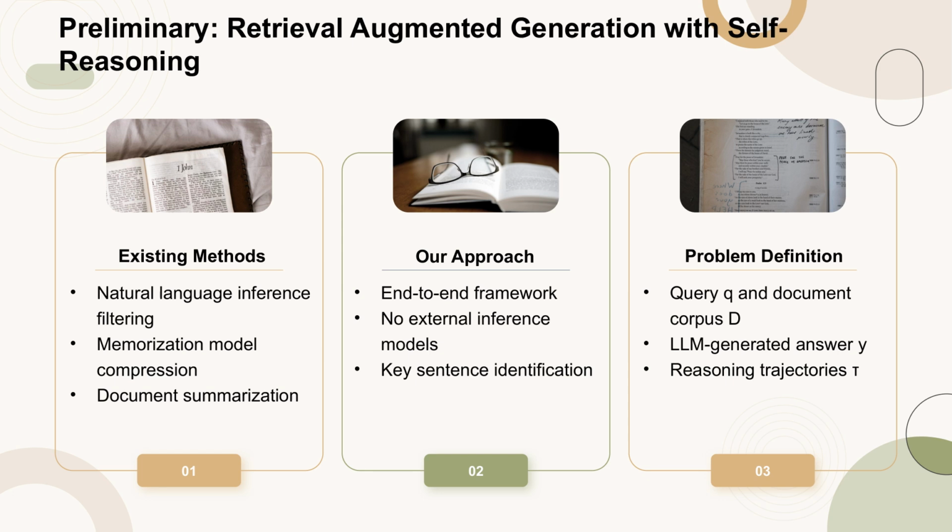Unlike these methods, the authors propose an end-to-end framework that identifies key sentences and cites relevant documents without relying on external inference models. They also define the problem of retrieval-augmented generation with self-reasoning, where given a query and a corpus of documents, an LLM generates an answer that includes reasoning trajectories. This approach aims to enhance the performance of LLMs more efficiently and scalably.